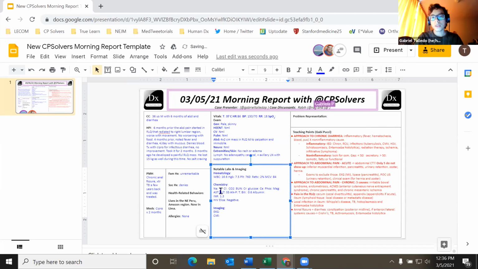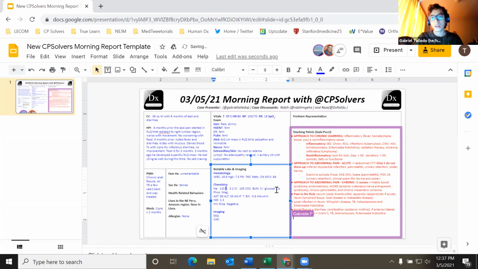Sodium 133. Potassium 3.2. Chloride 105. Glucose 87. Creatinine 1.